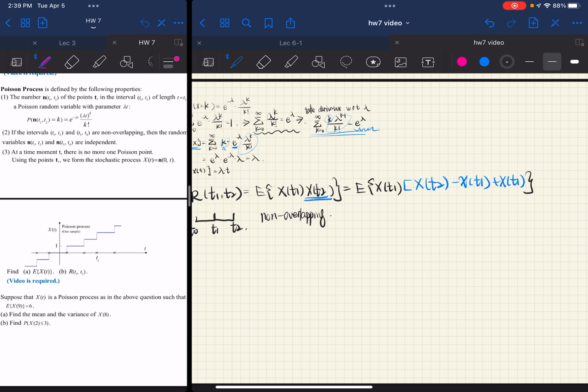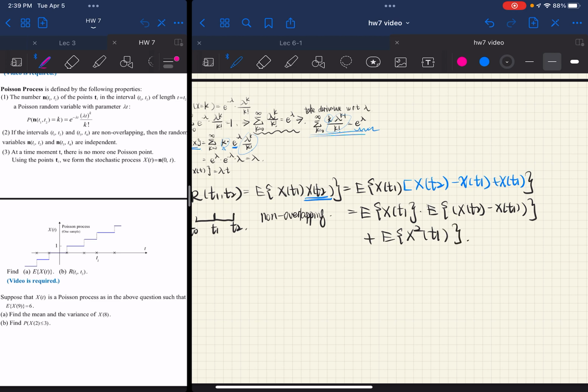Expanding this formula, we get the expectation of X(t1) times the expectation of X(t2) minus X(t1), plus the expectation of X(t1) to the power of 2.